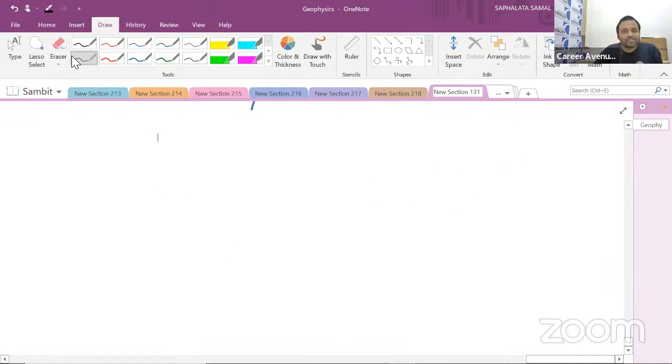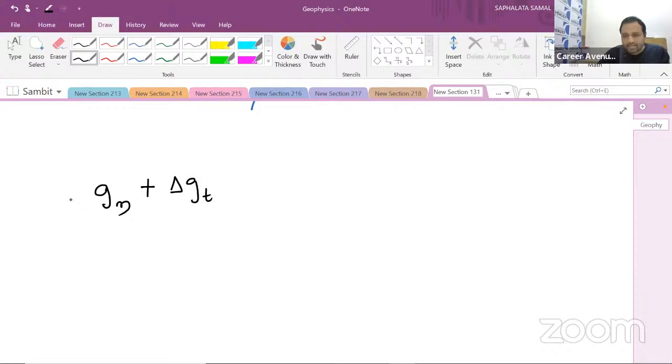After doing the corrections, we have the measured gravity. We applied the correction terms. Which correction terms have been applied? Terrain correction, Bouguer correction, free air correction. What else? Latitude correction.